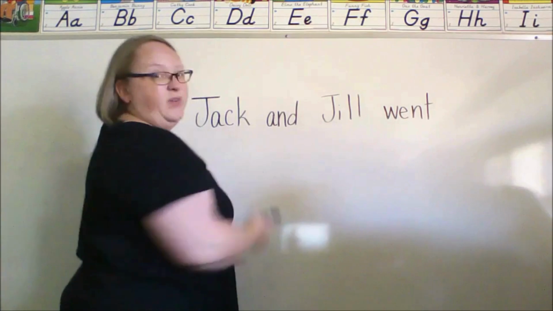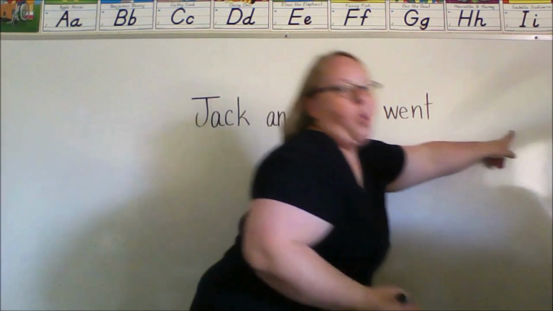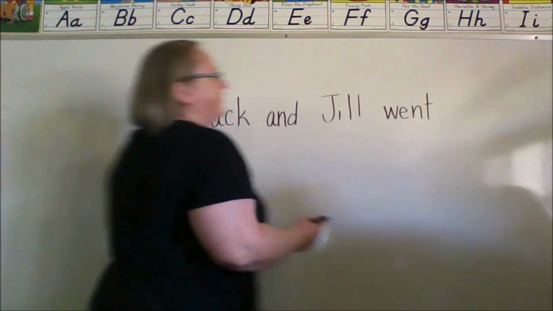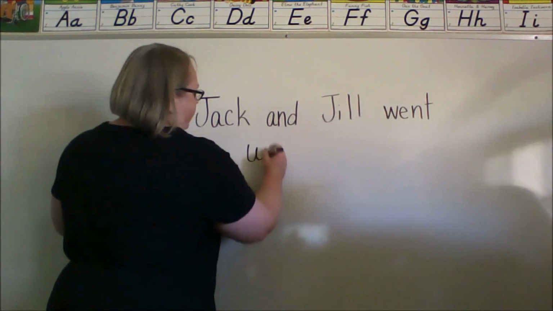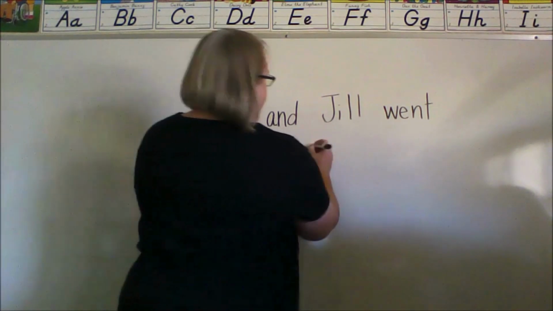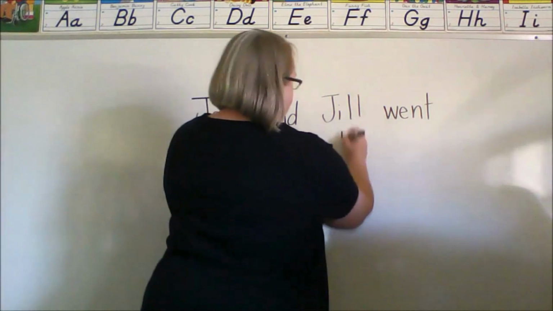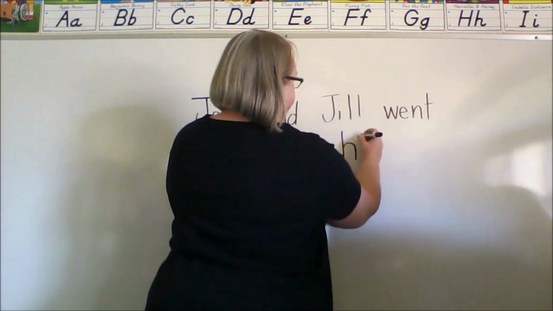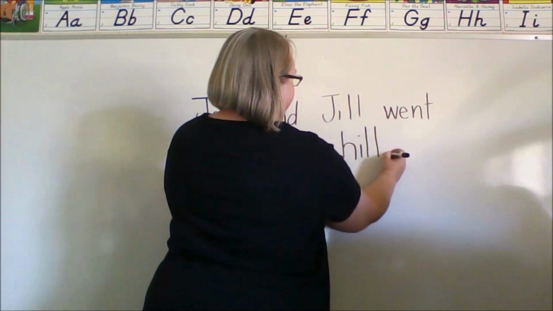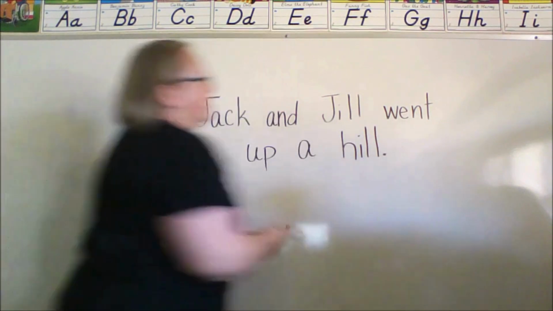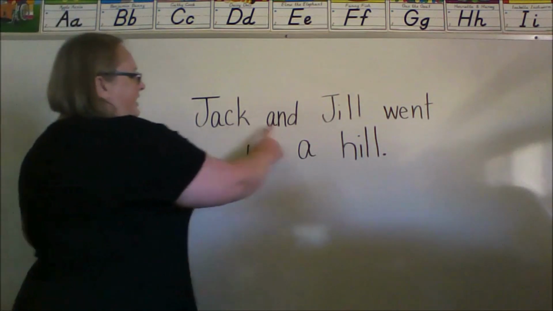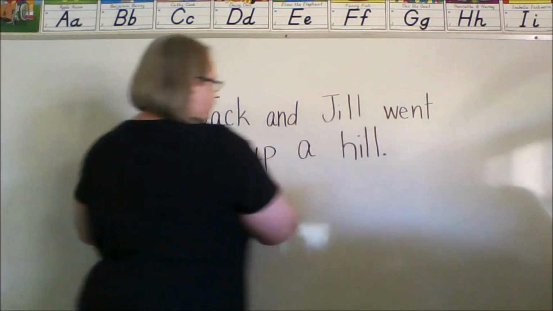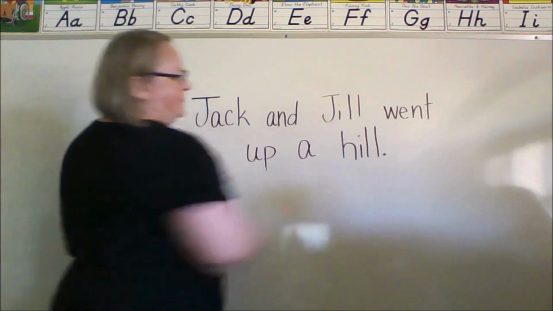I'm going to scoot back over here because if I keep writing, it'll go away. Went up a hill. So there is my sentence. Can you read it with me? Jack and Jill went up a hill.